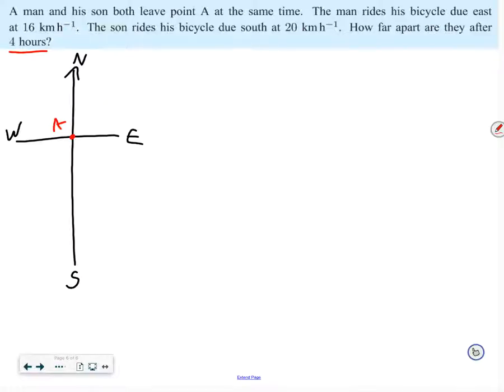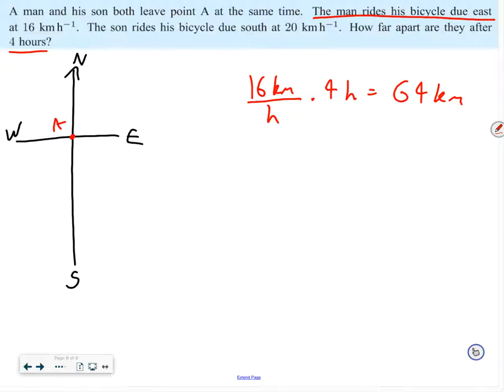So let's talk about the man first. The man rides his bicycle due east at 16 kilometers per hour. We are riding for 4 hours, so the total distance that he has gone is 64 kilometers.